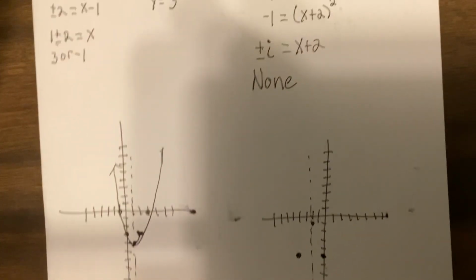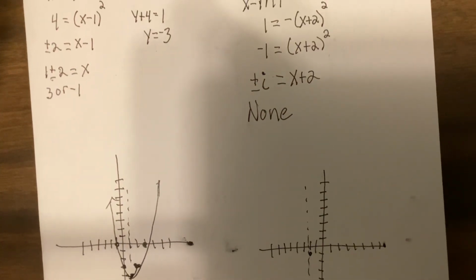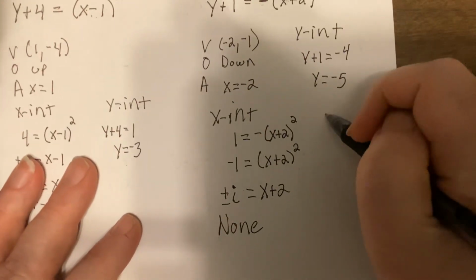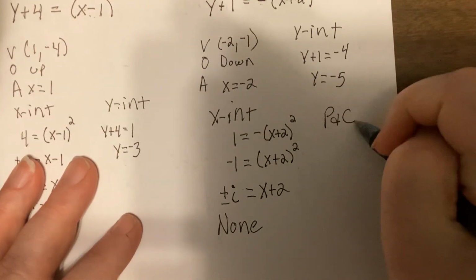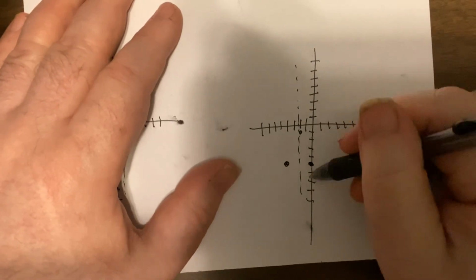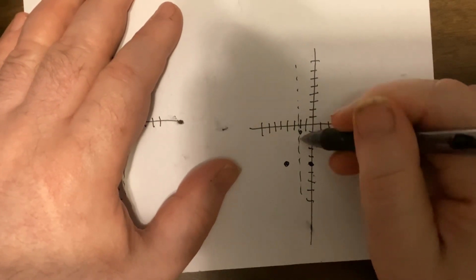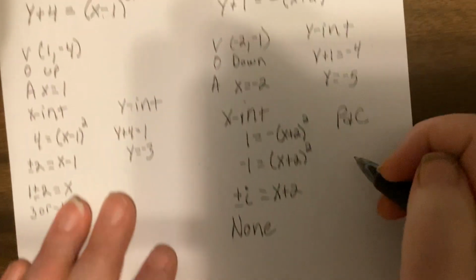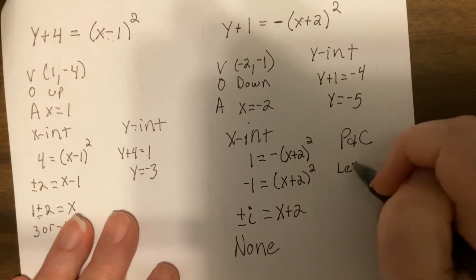Now, I don't have 5 points. Mr. Murphy wants 5 points. So we're going to do the ever-popular plug and chug. So I know what happens when x is 0, when x is -2, and when x is -4. So I'm going to let x equal -1 and see what happens.